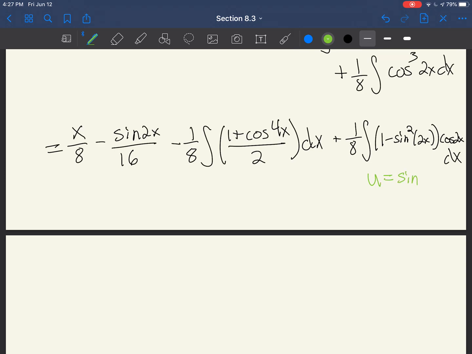And then for this integral, we let u equal sine of 2x. So du will be 2 cosine 2x dx. And then the middle integral, we will let u equal 4x. So du will equal 4 dx.